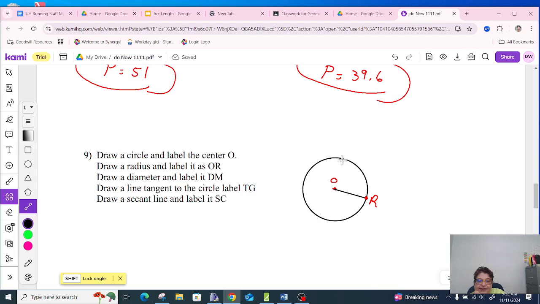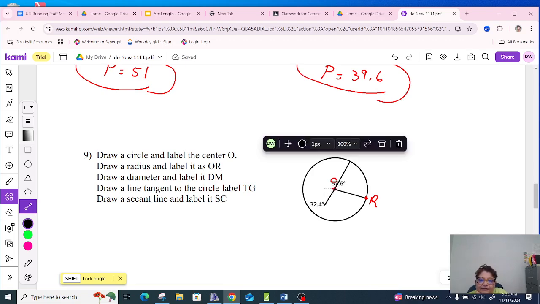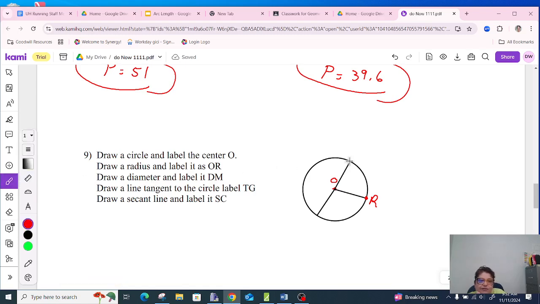Now I'm going to draw a diameter. For a diameter, the endpoints should be on the circle, right? Then I'm going to label the endpoints as DM. Tangent. So tangent would mean somewhere on the circle. This would be harder to draw. There's a way to actually construct it with a compass, but we're not going to get that exact.